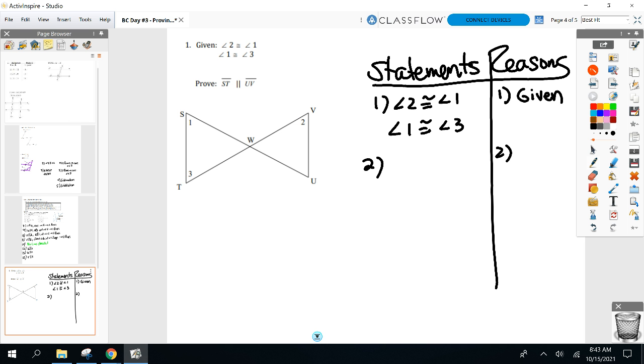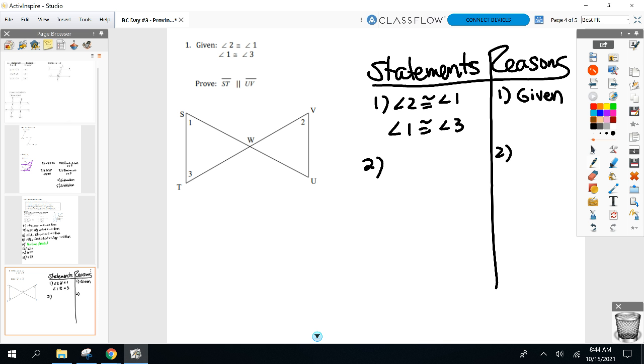All right. Notice how it's kind of flipped from yesterday? Your givens and your proof kind of flipped. Yesterday, I always gave you parallel lines. Today, you're proving parallel lines. So you got 2 congruent to 1, 1 congruent to 3. Can I get ST and UV parallel?